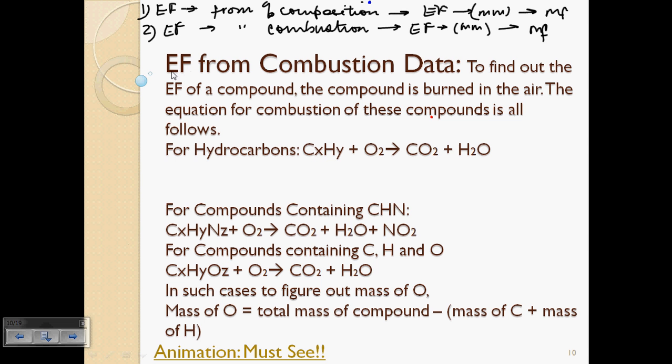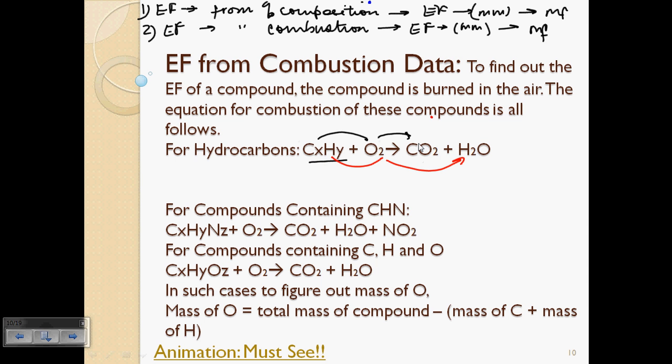So what happens in combustion data is generally most of the compounds are carbon-containing compounds. So we are looking for empirical formula of hydrocarbons. Hydrocarbons are made up of carbon and hydrogen, and when you burn them in air, meaning reacting with oxygen, carbon combines with oxygen forming carbon dioxide, and hydrogen combines with oxygen forming water.